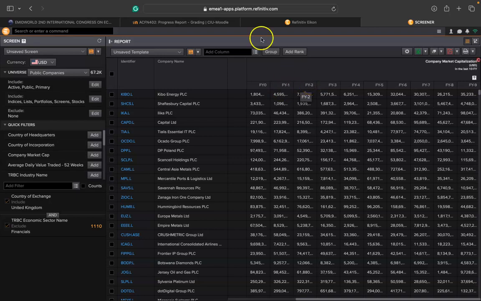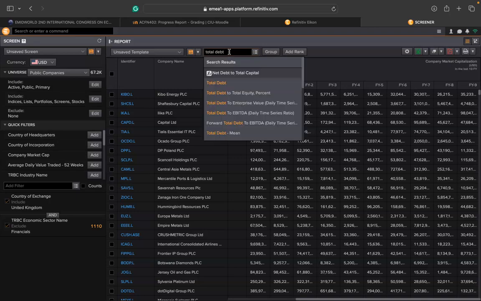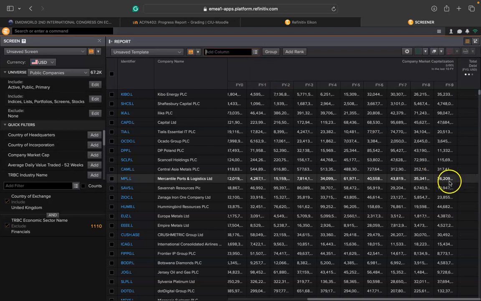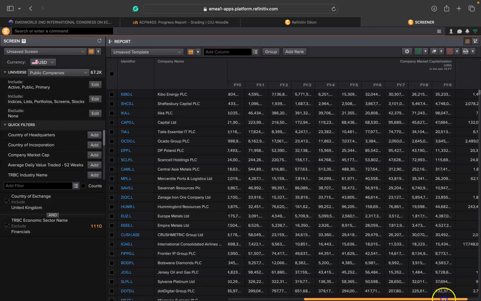Now, the next data I need is total debt. So I need to go and download total debt. I'm just writing over here, and it's giving me total debt outstanding. So I'm selecting it. If you do it like this, it will give you fiscal year 0.